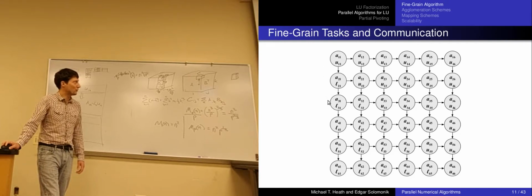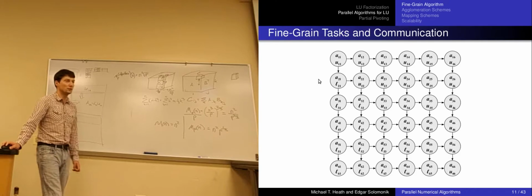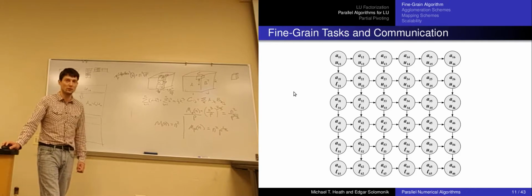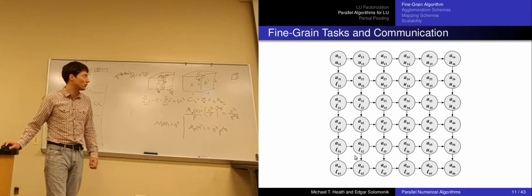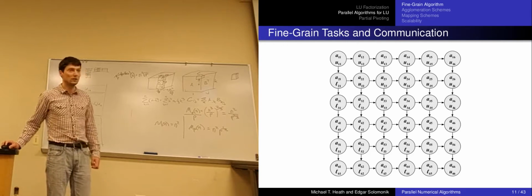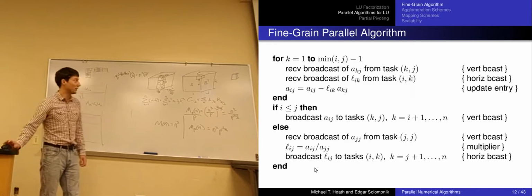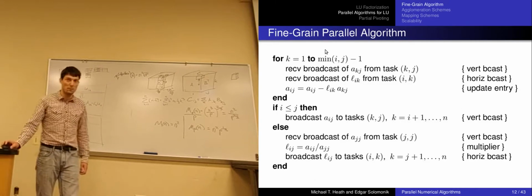So in fact, L31 is dependent on primarily U11. So you need to divide A31 by U11. It does not at all care about L21. And this is a significant difference in the dependency structure. As a result, you can execute the algorithm asymptotically faster if you take into account the fact that these dependencies aren't really that linear and that you can update the whole column at a time.